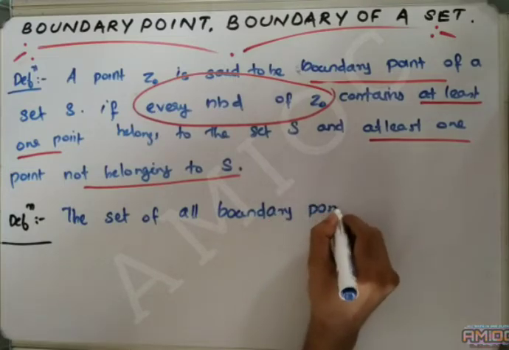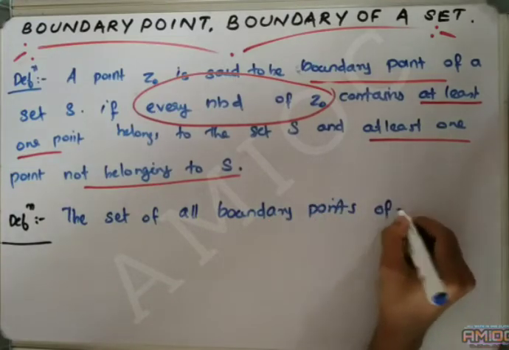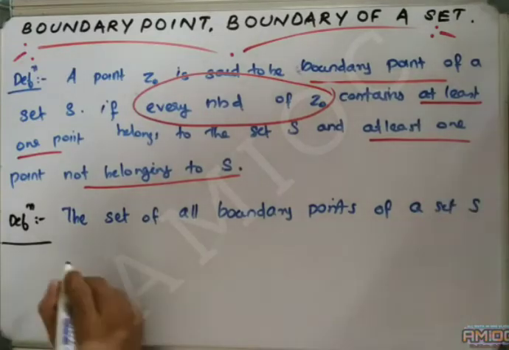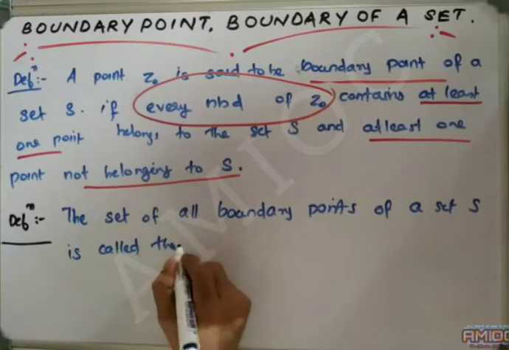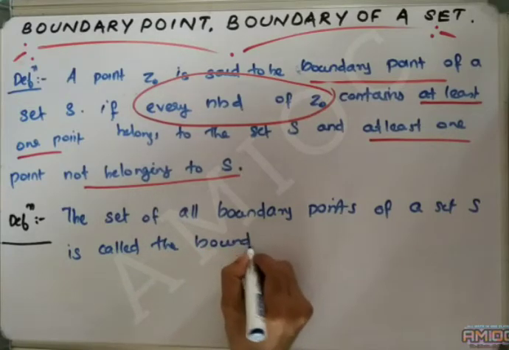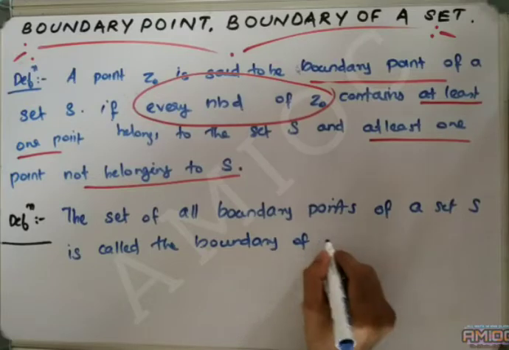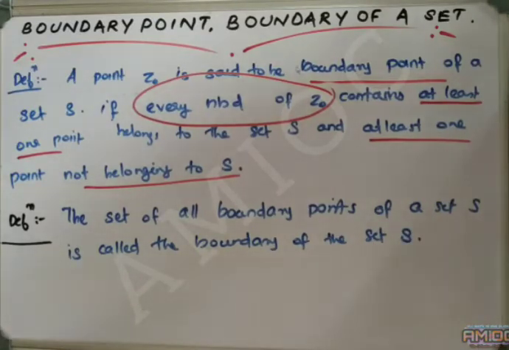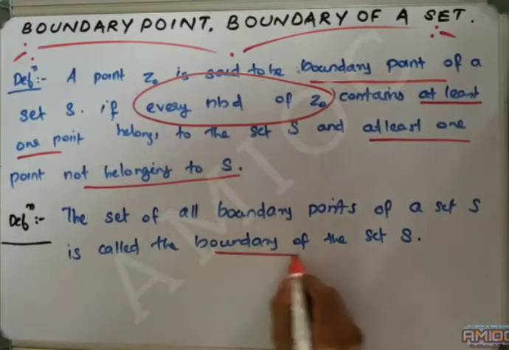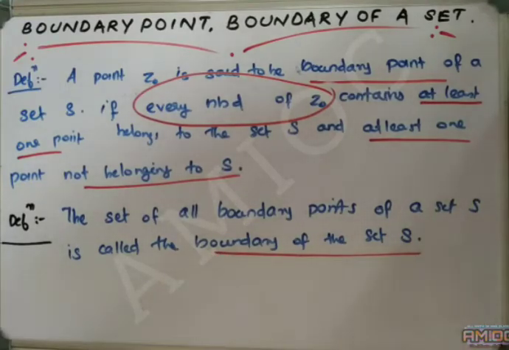The set of all boundary points of a set S is called the boundary of the set S. So the second definition is the boundary of a set S, and it is the set of all boundary points of a set S.